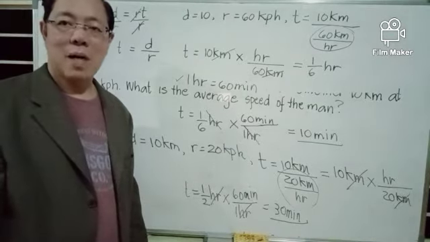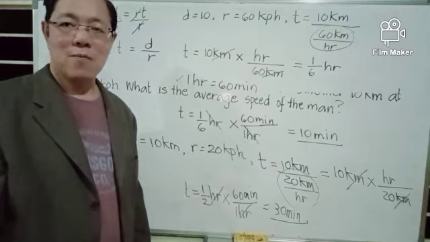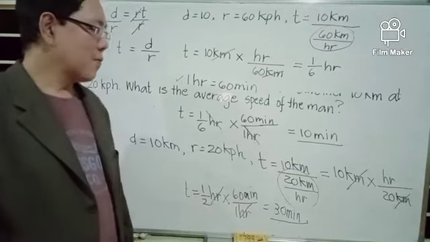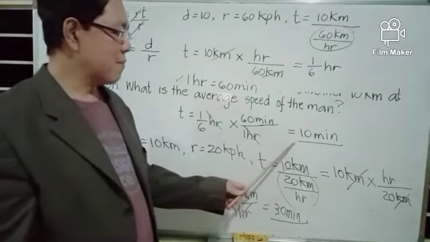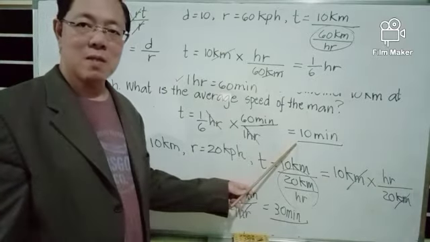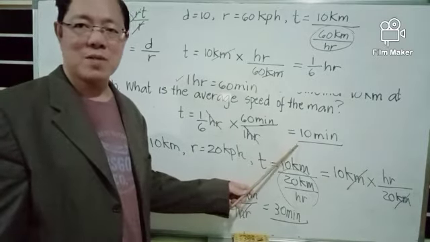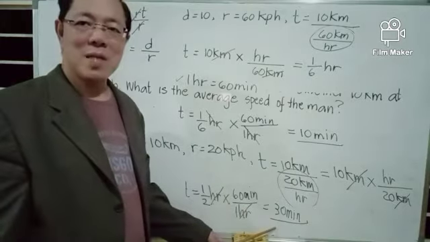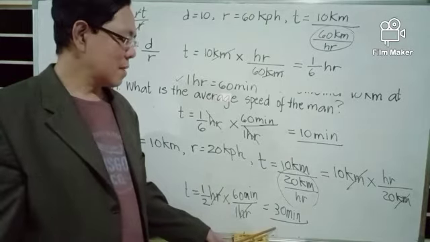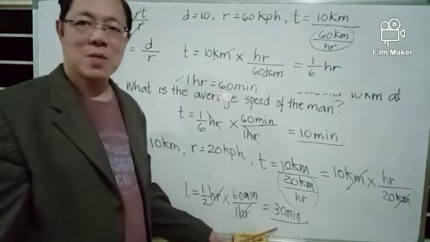In total, the man traveled a total of 20 kilometers for a total time of 10 minutes for the first part of the trip, plus 30 minutes for the second part of the trip.